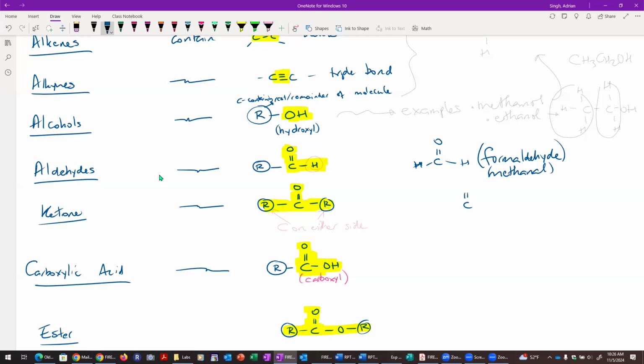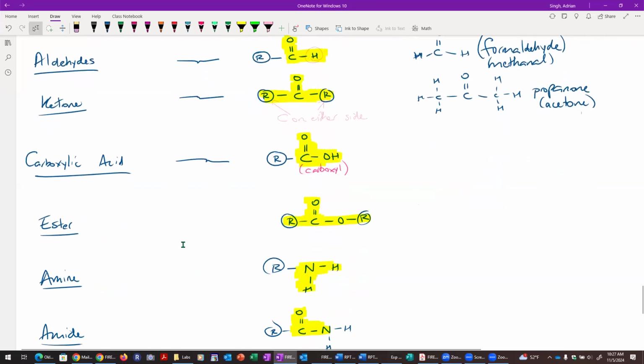A ketone looks like this: we have a C double bond O between two carbons on either side, and we're just sticking our H's there. This is called propanone, more commonly known as acetone, nail polish remover, etc.